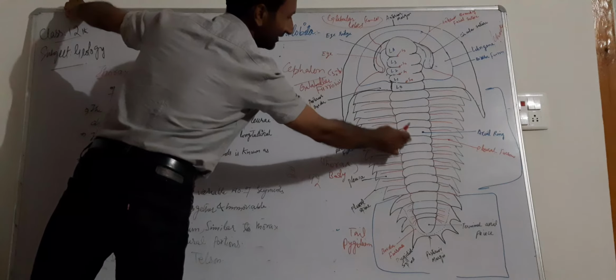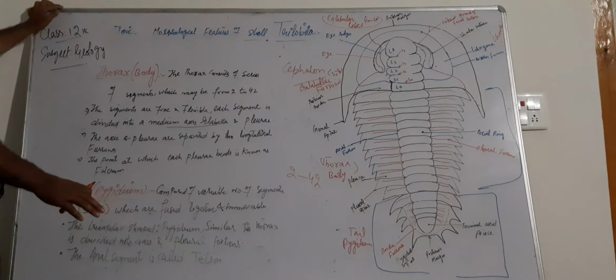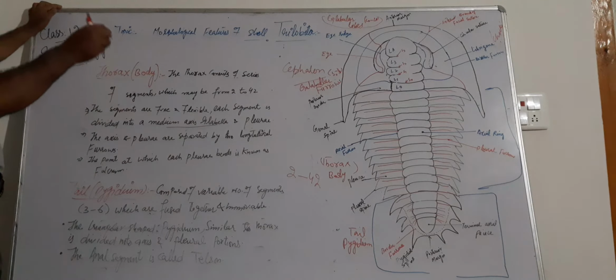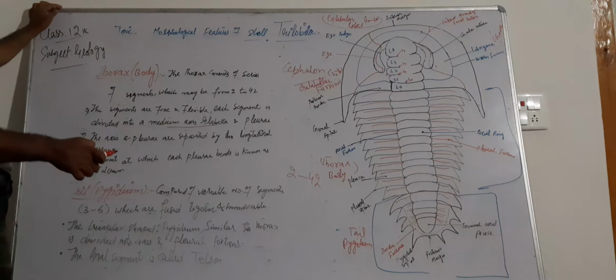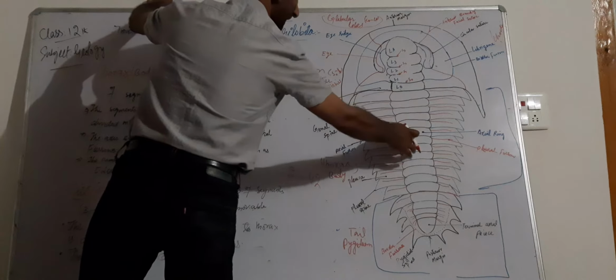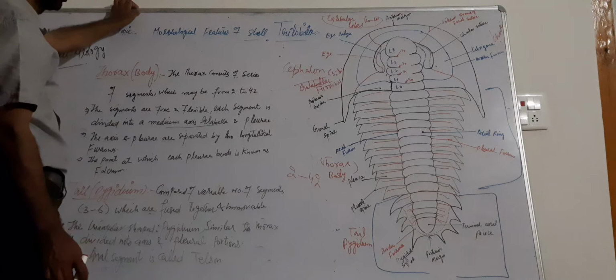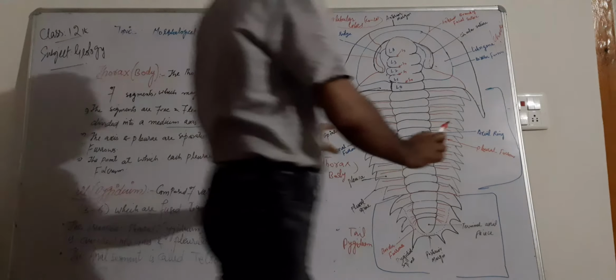These segments are free and flexible, and each segment is divided into a median axial lobe and pleura. These are the axial lobes.